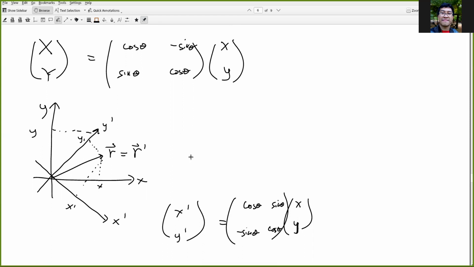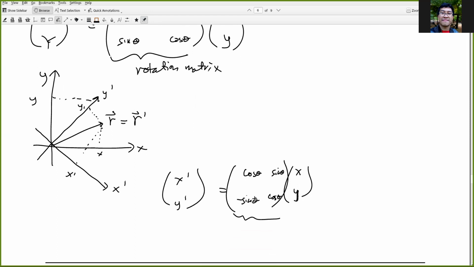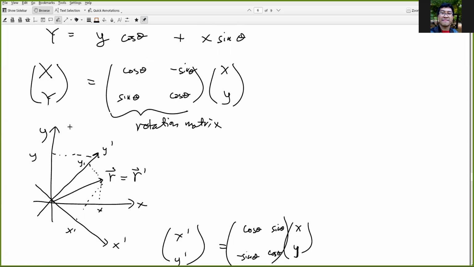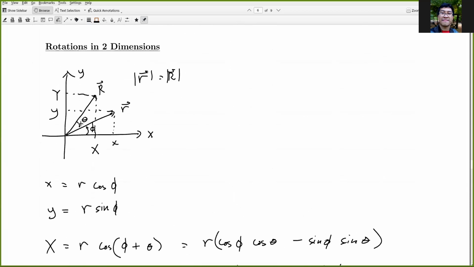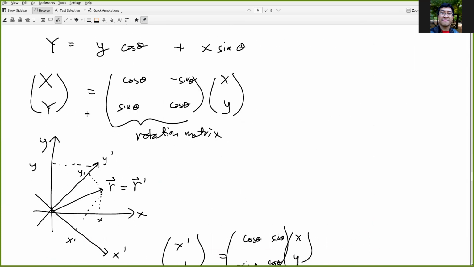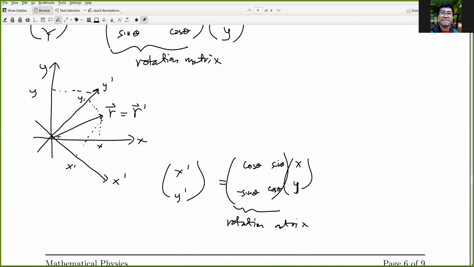Again, these two are called rotation matrices. This one is also a rotation matrix. We have two different interpretations. We can rotate the vector by theta, or we keep the vector fixed and rotate the coordinate system.